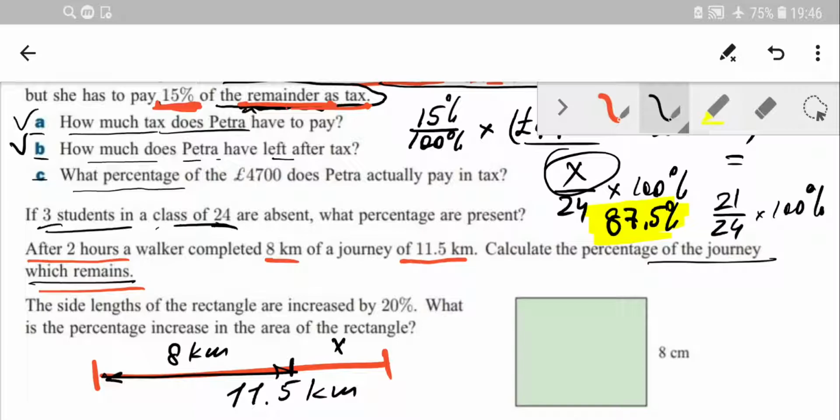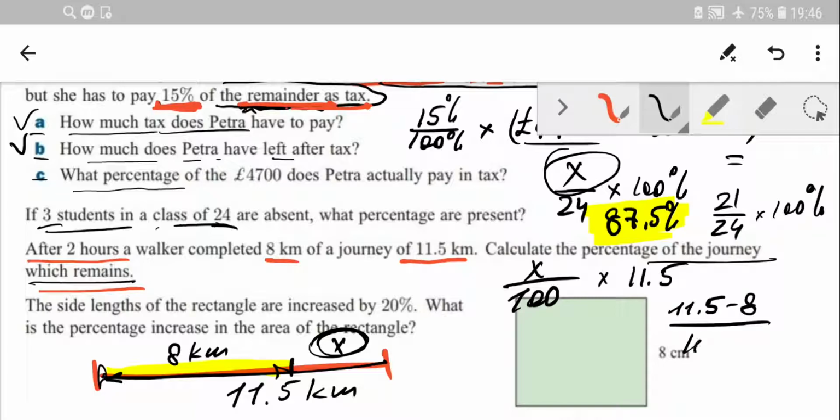In order to calculate the percentage of the journey which remains, we need to take this amount and divide by 100 and take it out of 11.5. So this x is simply the whole segment minus the part that he has covered, 11.5 minus 8. That's x over 100 multiplied by 11.5.